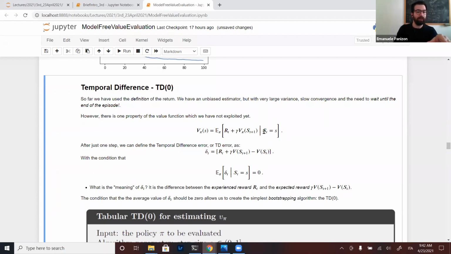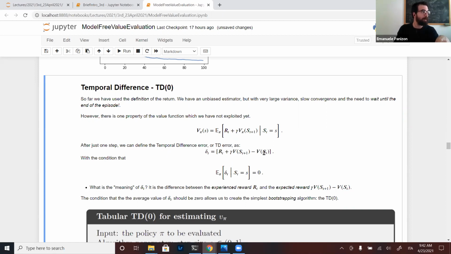You can see that it's taken from above: above you have the value, reward plus gamma times the value in the next state, and here the delta is defined exactly as the reward plus gamma times the value in the next state minus the value in this state.